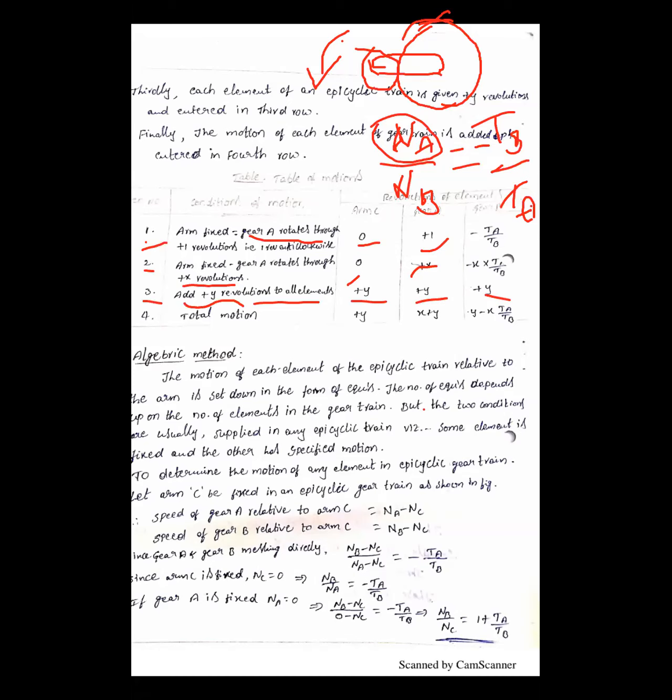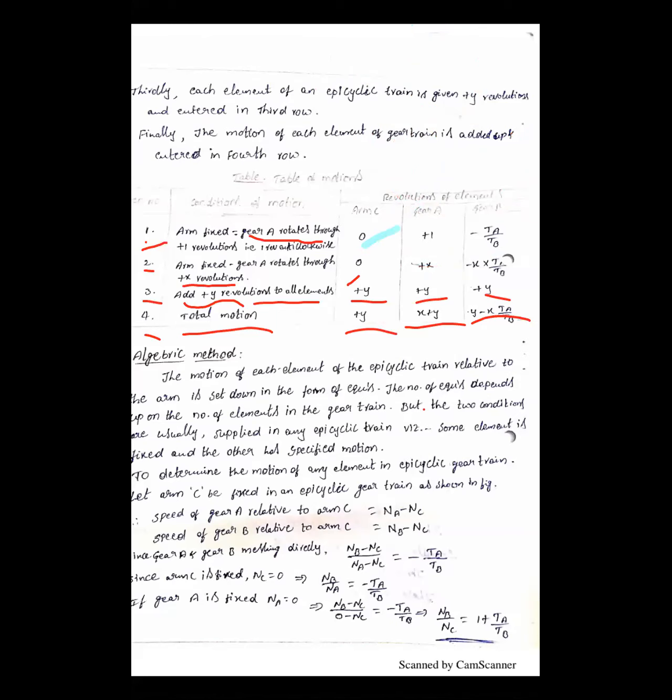Now going to find the total motion, that is the addition of the second and third conditions. That is y, x plus y, and y minus x into TA by TB. Those are the speeds of our gear wheels.